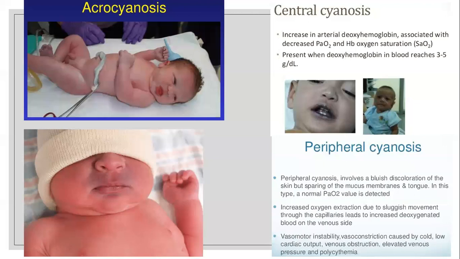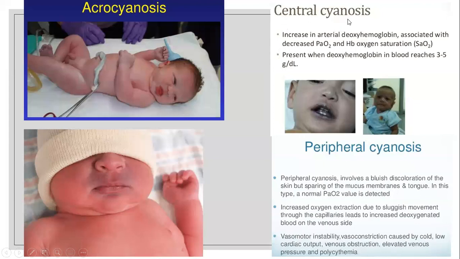The blue color comes from decreased blood flow and oxygen moving through the narrowed vessels in the hands and feet. Acrocyanosis is common in newborns. But central cyanosis or peripheral cyanosis is not common.